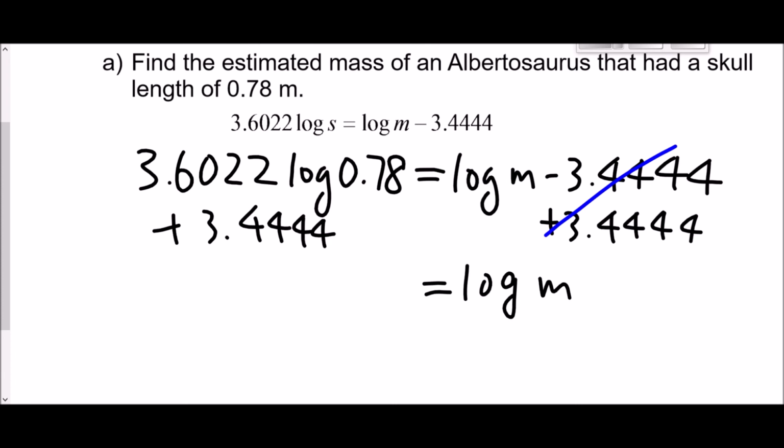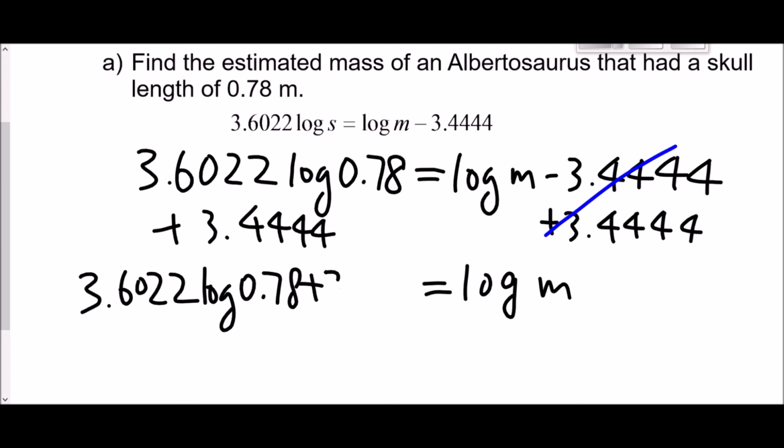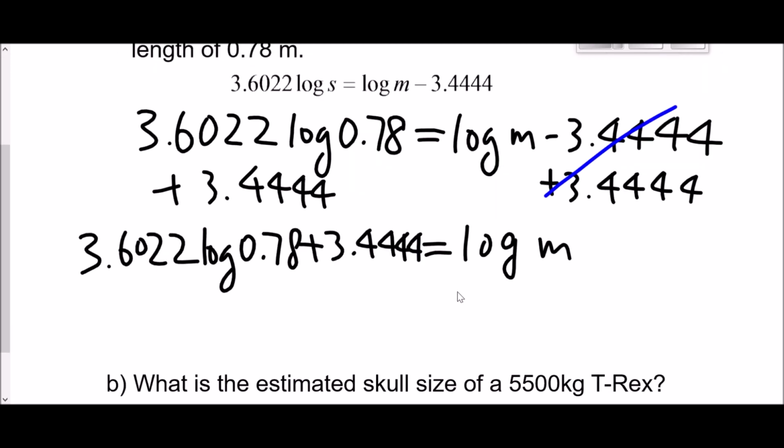Left hand side, we have 3.6022 log of 0.78 plus 3.4444. Alright, then the last step is to get rid of the log so that M is by itself. How? Well, it may not be obvious, but I hope this is obvious.